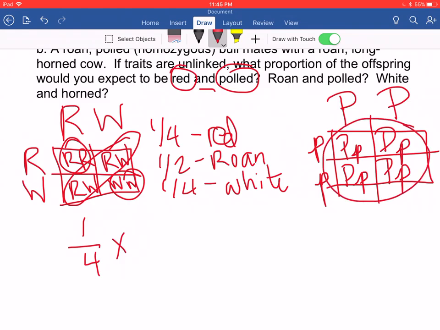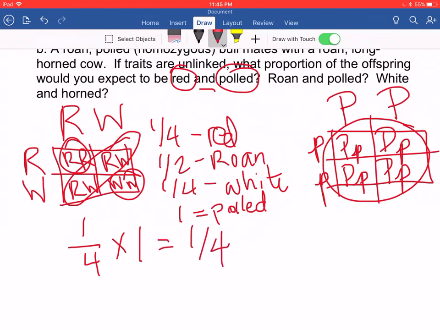All of the offspring of this event are going to be polled, right? Because they're all going to have one dominant allele. So that's 1/4 times 1, which is 1/4.